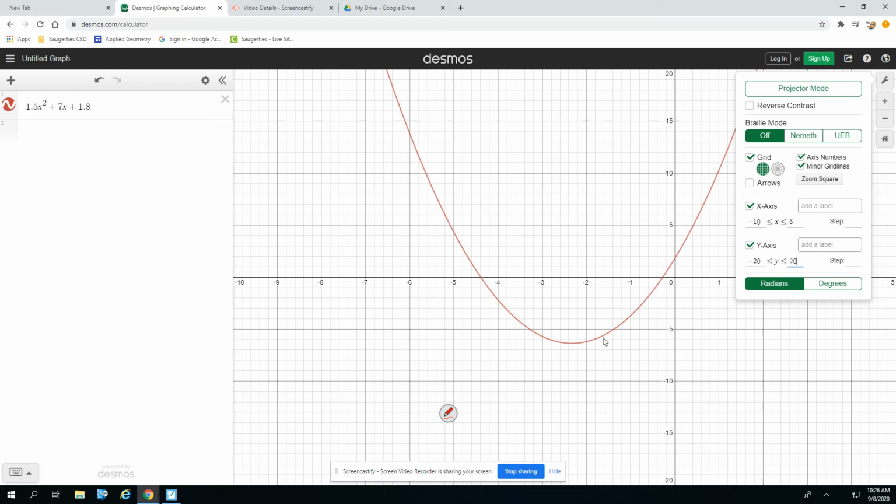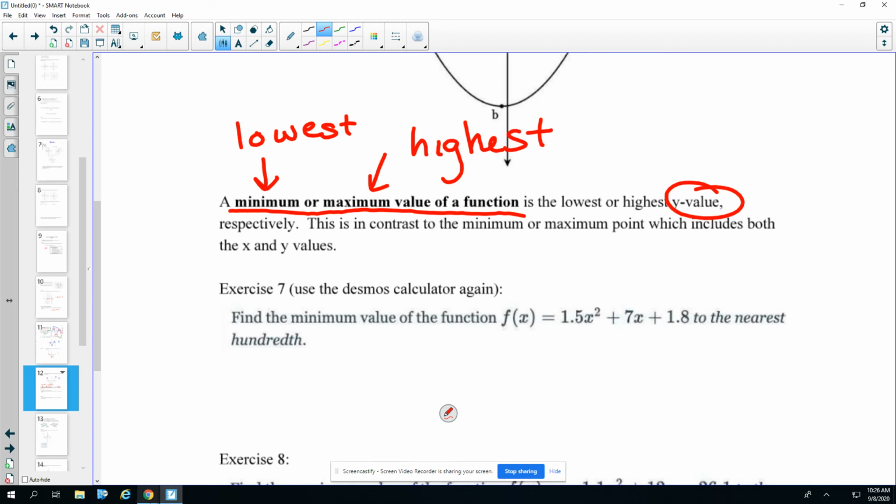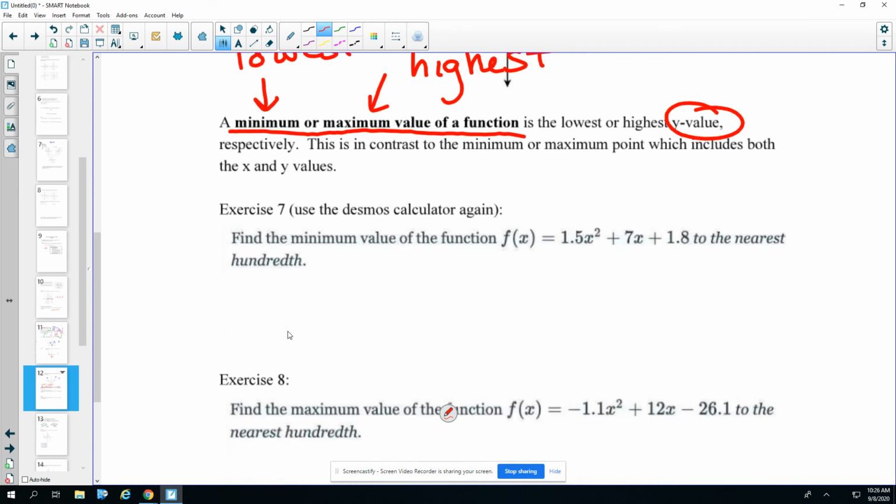Now I'm trying to find the minimum value. So if I scroll around here, it gives me that minimum point. Now this point is -2.333, -6.367. I want the minimum value to the nearest hundredth. So I'm going to go back over here. I'm going to write the point they gave me just so we can connect this.